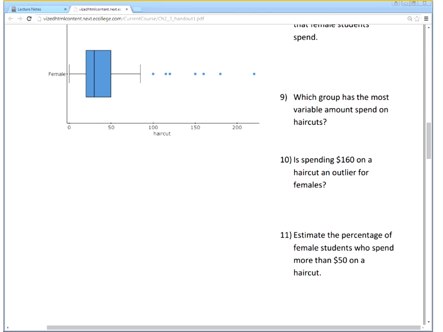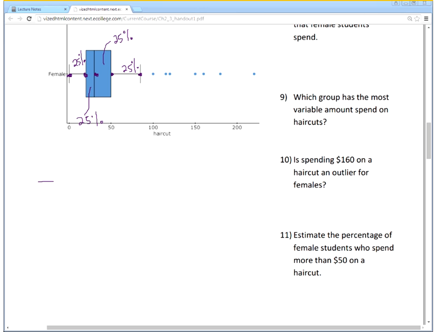So 25% of our data falls from the minimum to the first quartile, 25% from the first quartile to the median, 25% from our median to the third quartile, and the last 25% from the third quartile to the maximum. Right, so again, you have from the minimum to the first, from the first to the second, from the second to the third, and from the third to the maximum. It divides our data into 4 equal parts, and it's always 25%, 25%, 25%, 25%.